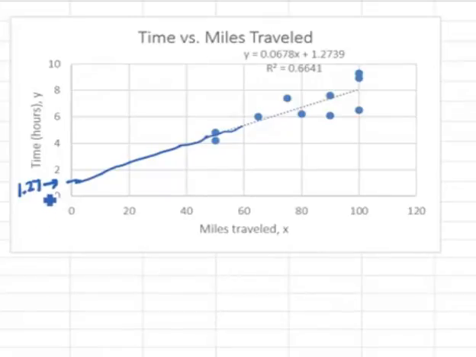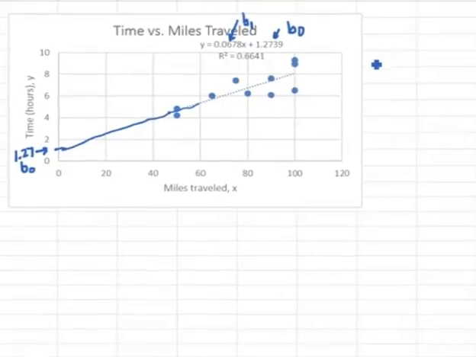So that should be the intercept. That's your b sub 0. And b sub 1 is the slope here, 0.0678. Remember this, what the slope was. So slope is what over what?